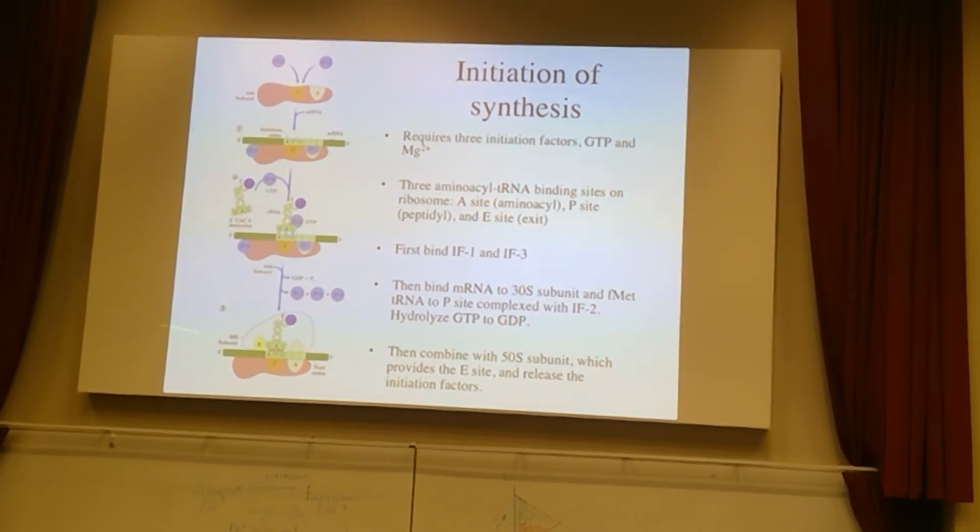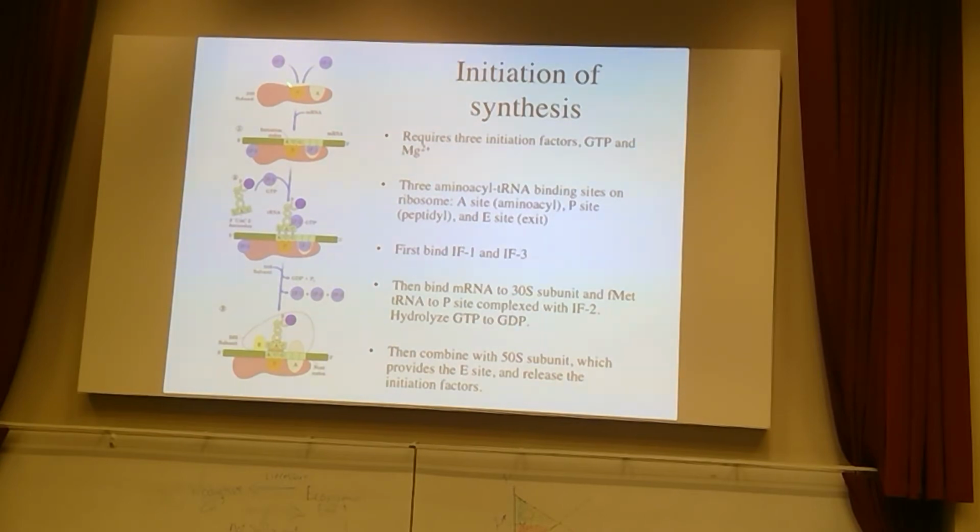And the E site, the exit site, that makes sense. That's where the tRNAs hang out for a little bit after they've given up their polypeptide chain to the next tRNA. So they're empty tRNAs, and they can be excused from that E site. So 3 sites for tRNAs on the ribosome.